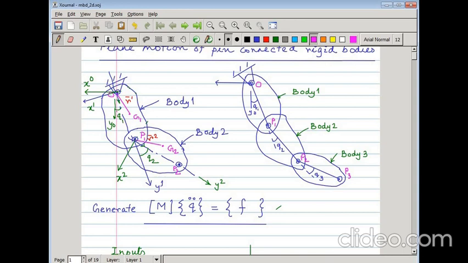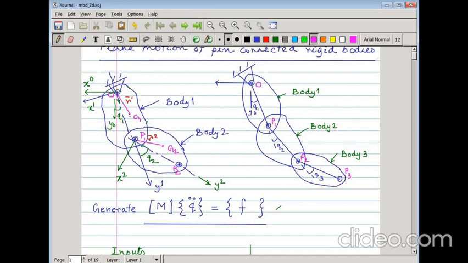So x0 and y0 are fixed to inertial reference, x1 y1 fixed to body 1, x2 y2 fixed to body 2. Again y2 is the line joining pin 1 and pin 2. So these are the naming conventions which we are using.